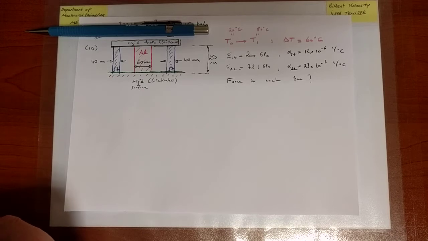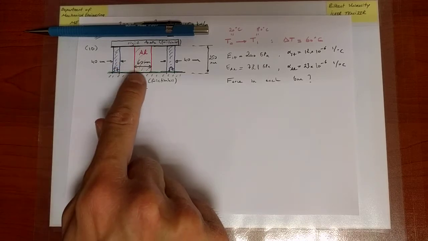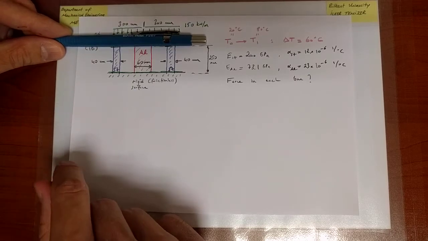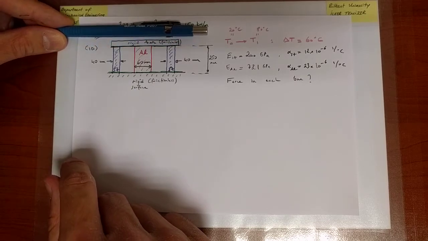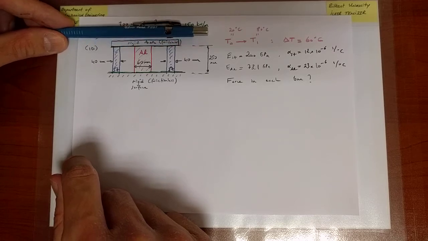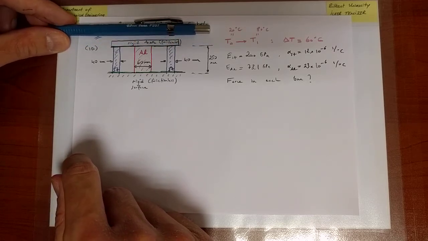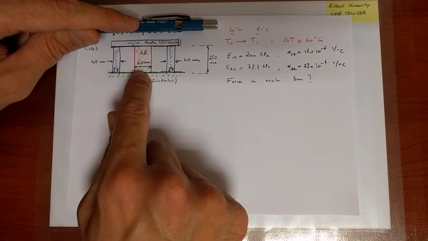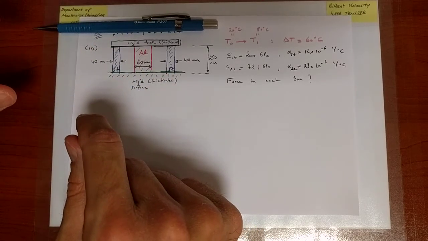And no load is going to be imposed on the rigid bar if all the materials were the same, because then they would expand by exactly the same amount and this bar would try to move up uniformly. In any case, it will move up uniformly, but it would do so without any force being imposed on it, because this expands, that expands, that expands exactly by the same amount.